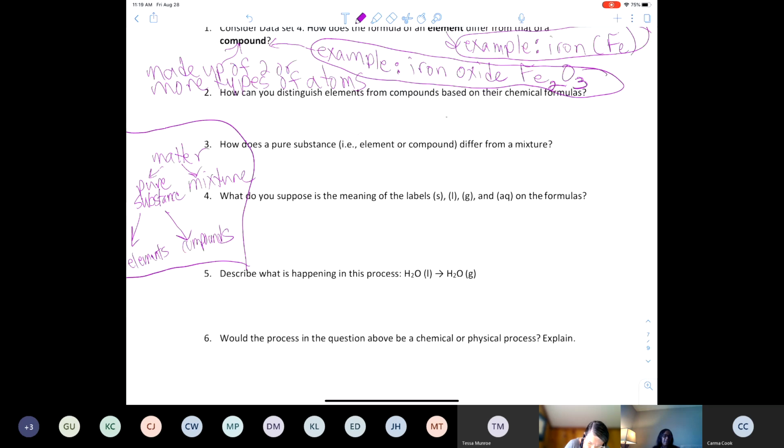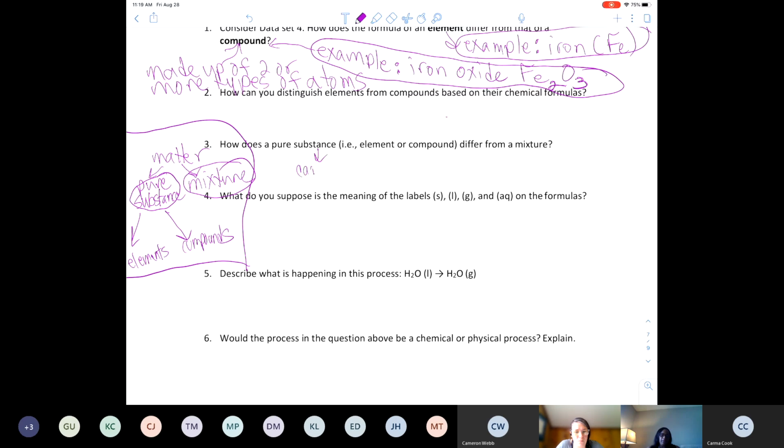So how does a pure substance differ from a mixture? Pure substances can't be broken down by physical means like mixtures can. It requires a chemical change. Very good.